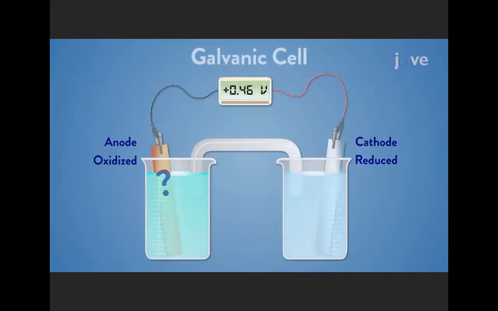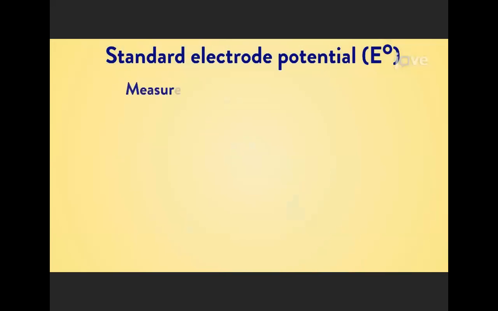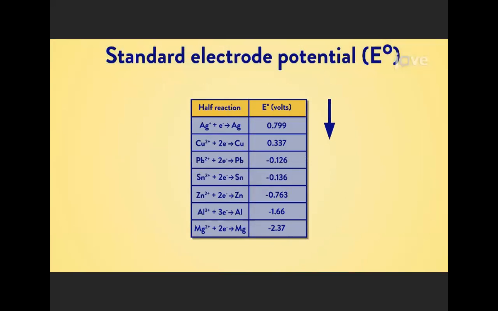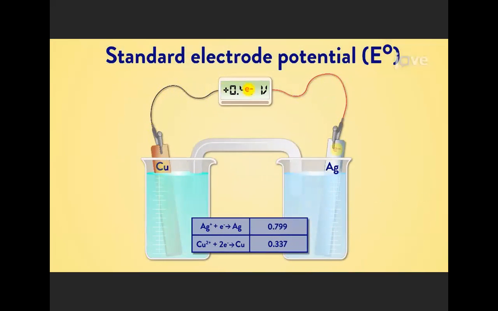So how do we know which metal acts as the anode and which acts as the cathode? We can use the standard electrode potential of the metal, which is a measure of the metal's tendency to lose electrons. A more negative electrode potential means that the metal has a higher tendency to lose electrons. Electrons always flow from the metal with the lower standard potential to the metal with the greater standard potential.